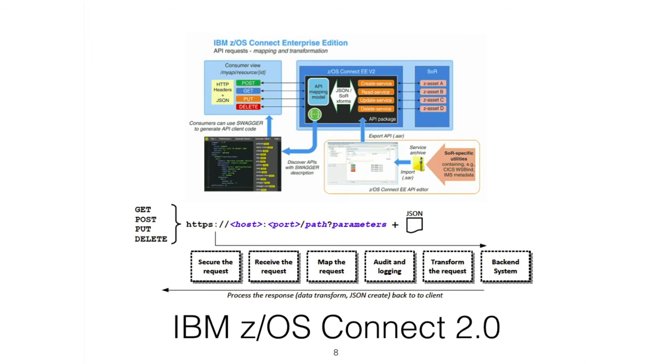So this z/OS Connect EE V2 that you see on the top is running within WebSphere Application Server Liberty Profile. This is the server that is exposing those REST APIs. And then the API archive allows you to define these mappings so that when a call is made, you make the appropriate call to the backend application.